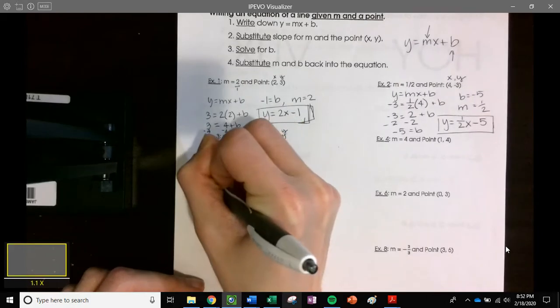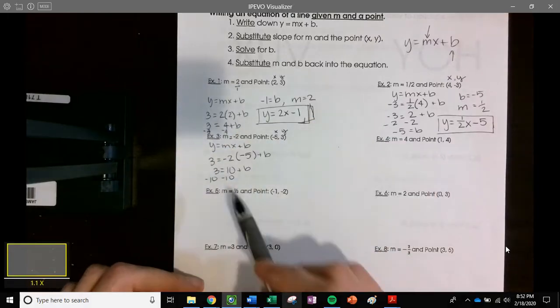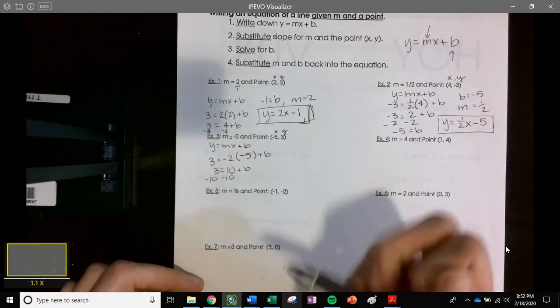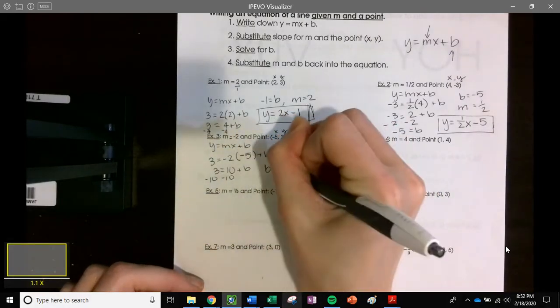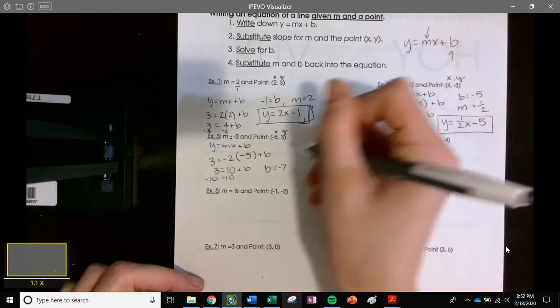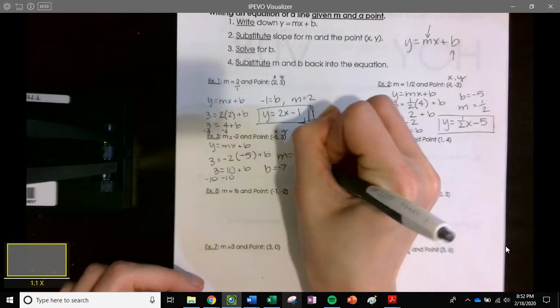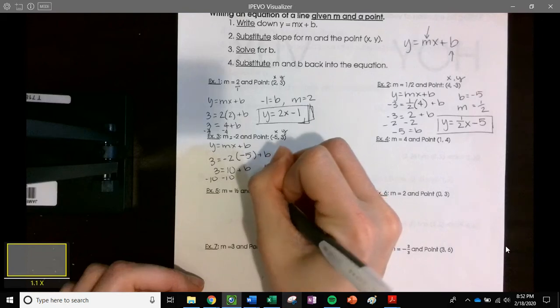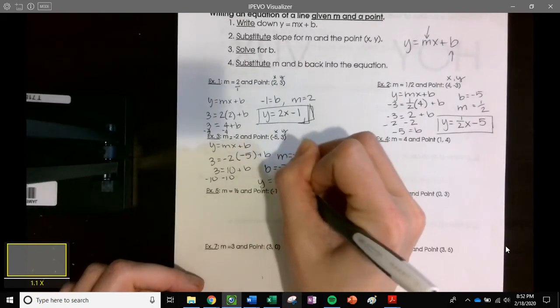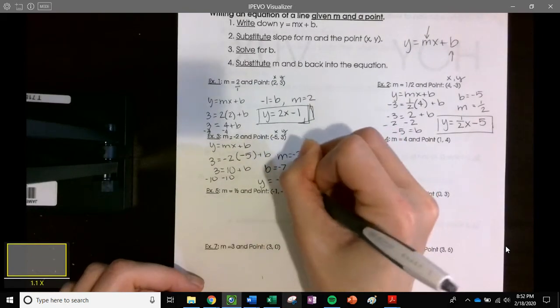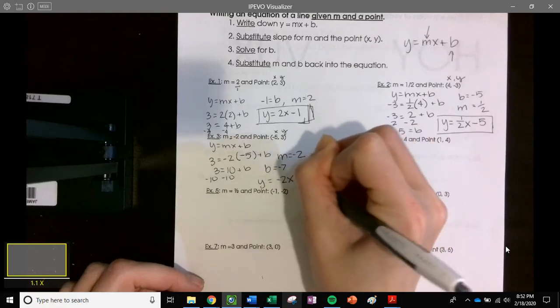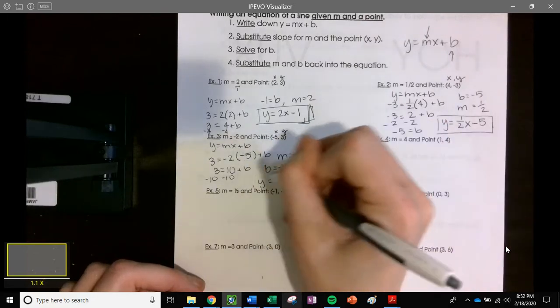And I'm going to solve for b by getting rid of the 10. b equals -7. M was given to me as -2, so my equation, y stays as a variable, -2 is filled in, x stays as a variable, -7 is the b value.